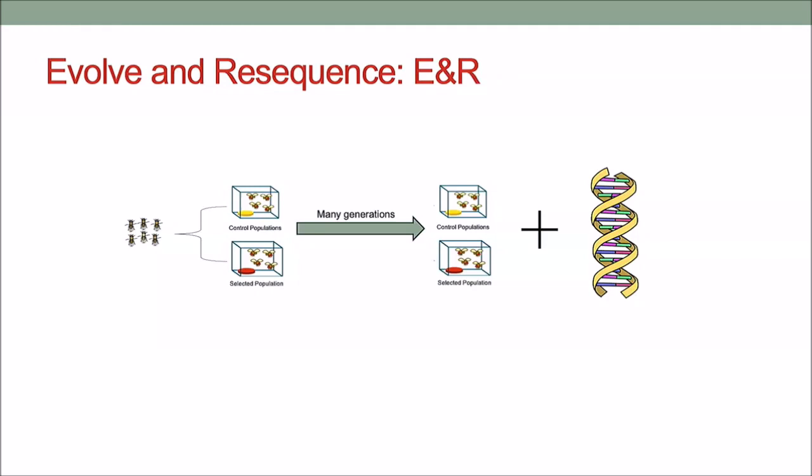I guess maybe a little over 10 years ago, people started combining experimental evolution with DNA data, so genomic data, in what are called evolve and resequence experiments. And you're essentially adding to this framework where you're saying, okay, before we would see how these phenotypes are changing and so on.